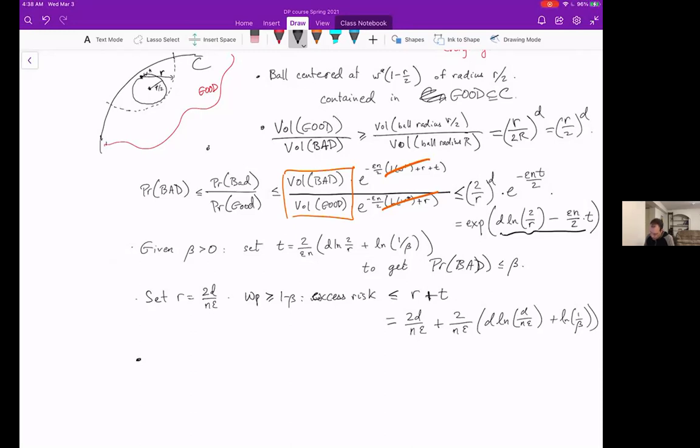We've seen this trick before: when we want to get an expectation bound from a high probability bound, the thing to do is to recall that for every non-negative random variable z, the expectation of z is just the integral of the probability that z is greater than little z, dz, for z greater than or equal to 0. That's just a formula you can use.